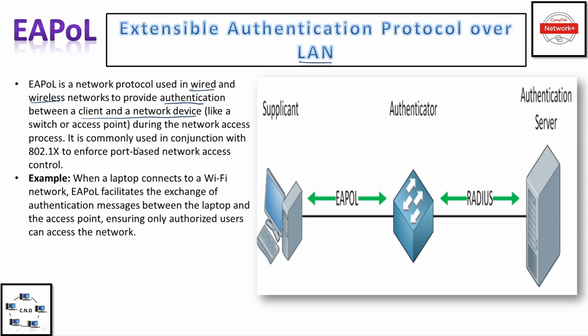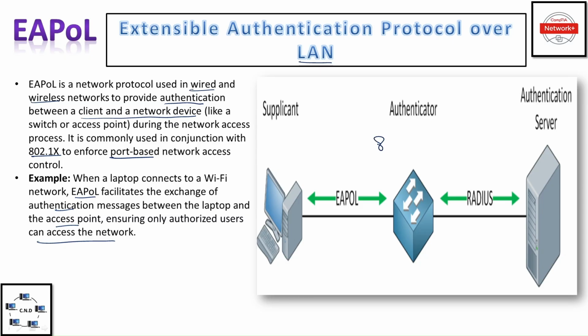It is commonly used in conjunction with 802.1X to enforce port-based network access control. For example, when a laptop connects to a Wi-Fi network, EAPOL facilitates the exchange of authentication messages between the laptop and the access point, ensuring only authorized users can access the network.